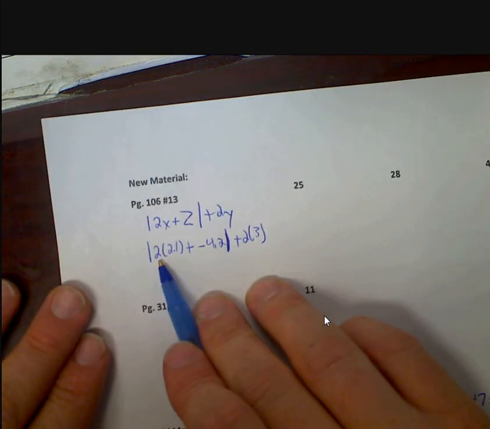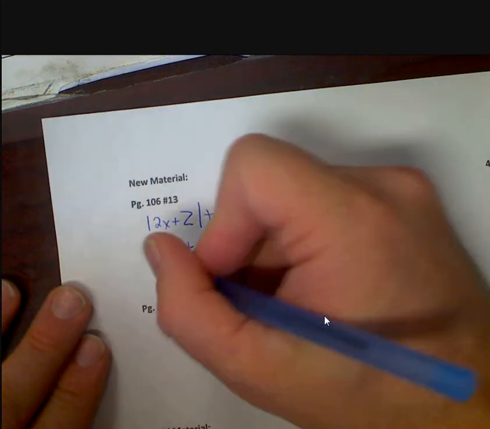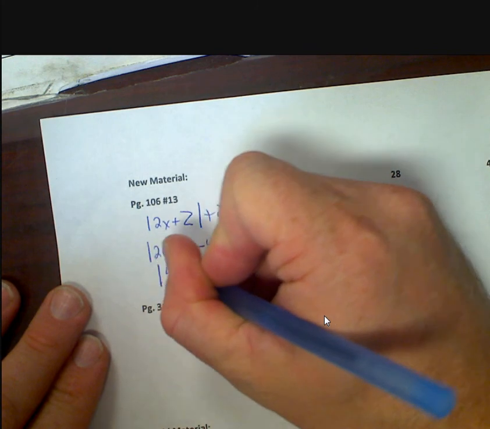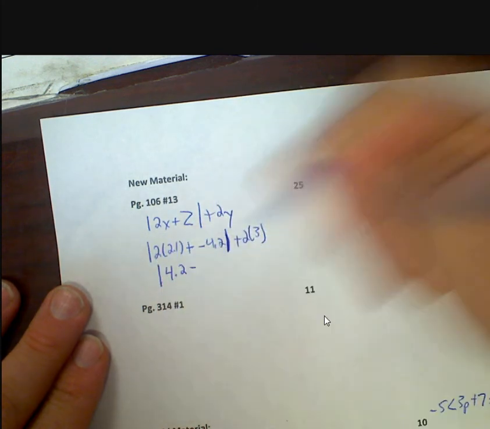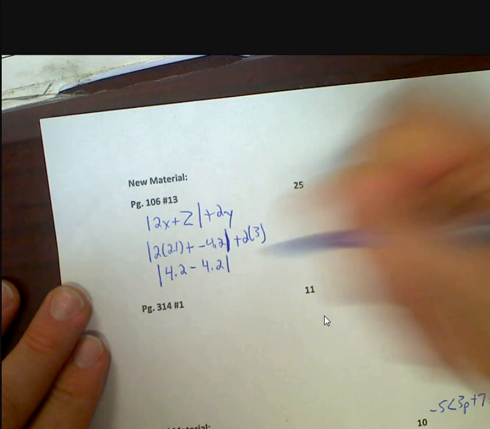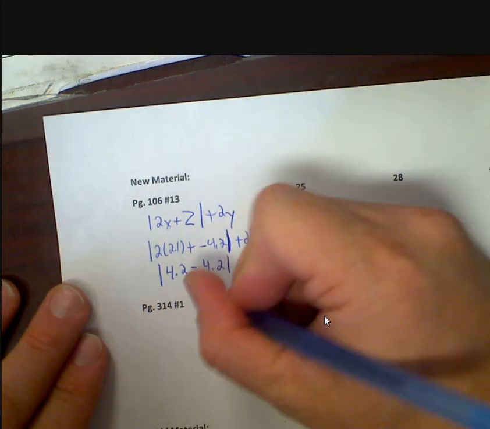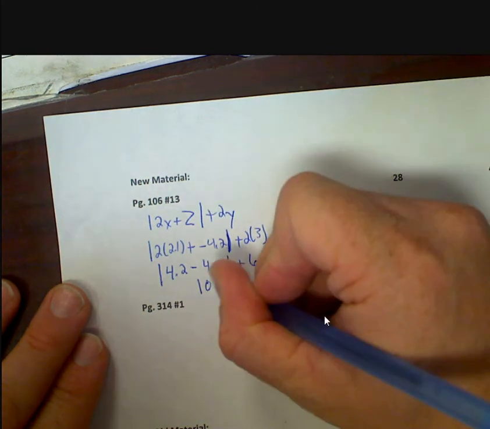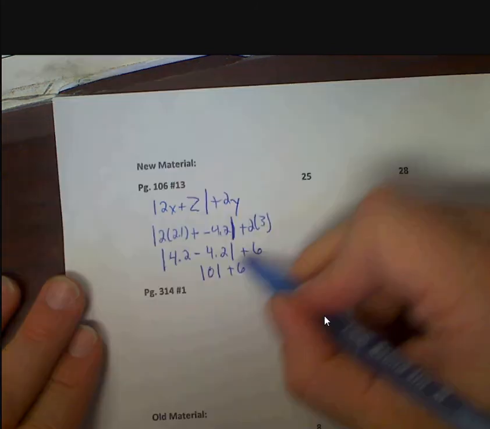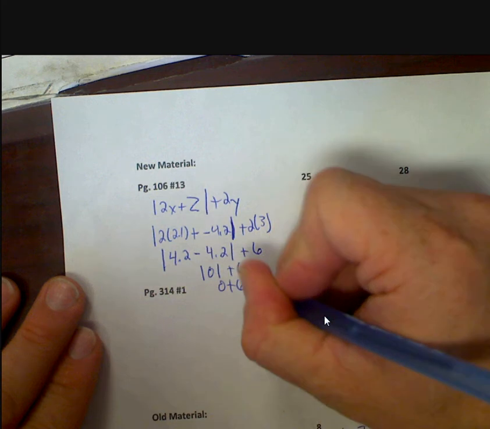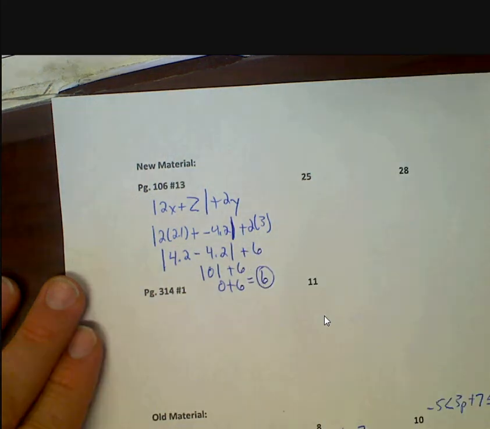So I would take 2 times 2.1, that would give me absolute value of 4.2 minus 4.2, and then add 6. 4.2 minus 4.2 is absolute value of 0 plus 6. Well, absolute value of 0 is 0 plus 6, so that would give me 6.